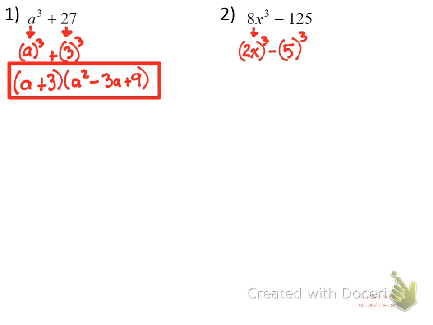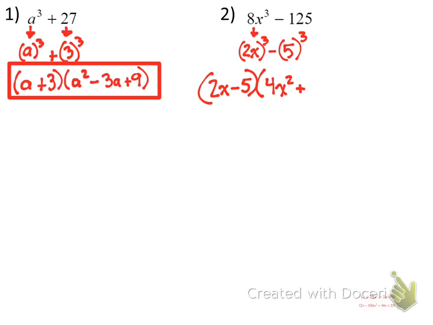This has a minus sign in the middle, so we're going to use the second form. So we start off by writing our binomial a minus b, which is going to be a is 2x minus b. Our b is 5, so it's 2x minus 5. That's our first binomial. And then we have the trinomial, which is a squared. 2x squared is 4x squared. Then we use a plus sign.